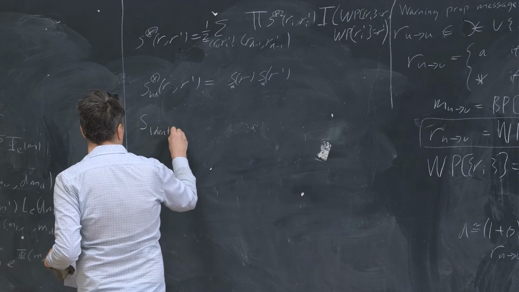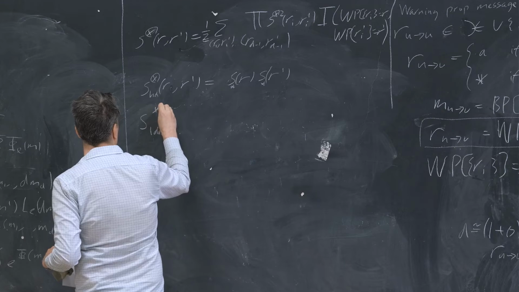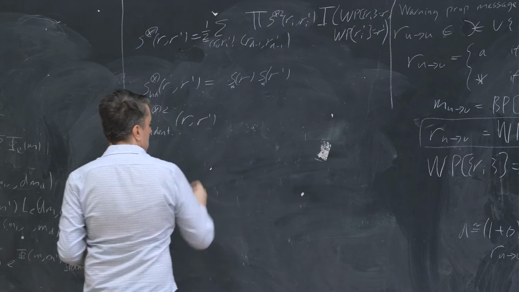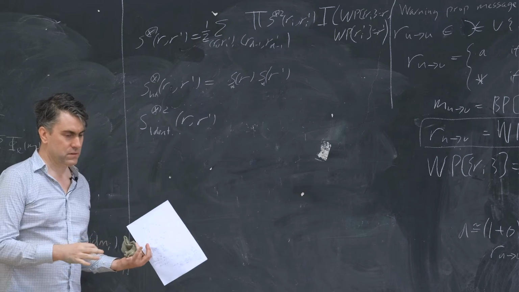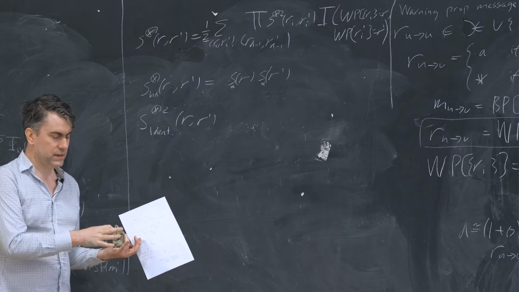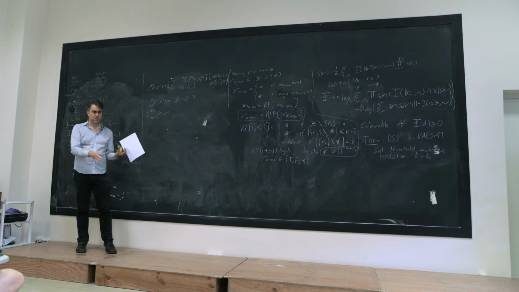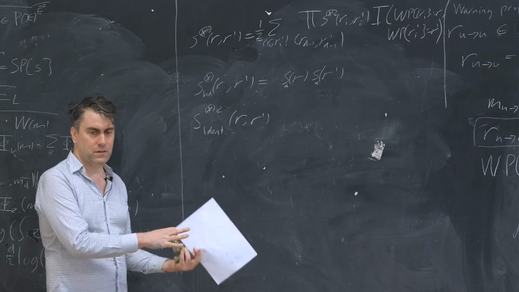There's another one I'll call S identical. So another way I can make 2 of these colorings is to just have R being one coloring and R prime being exactly the same.